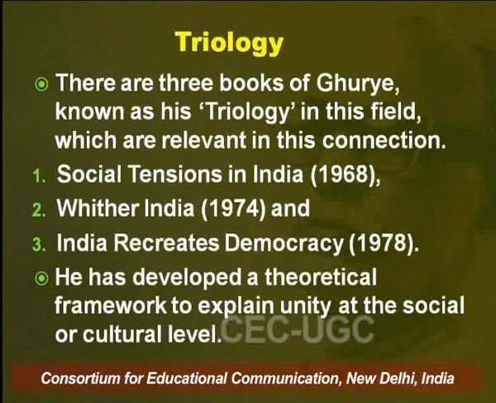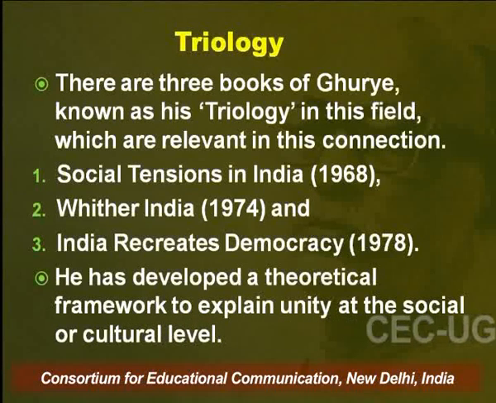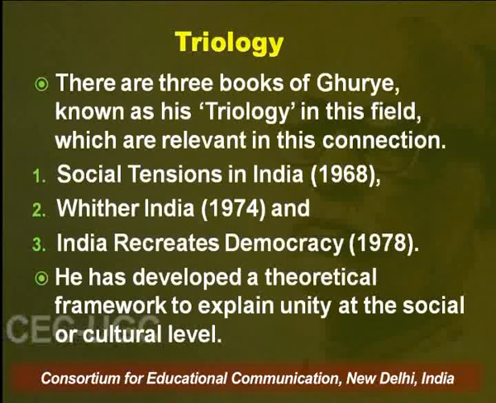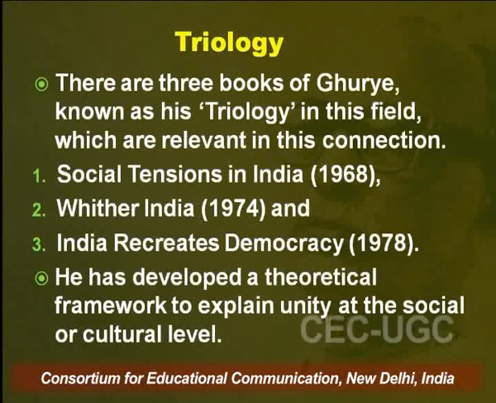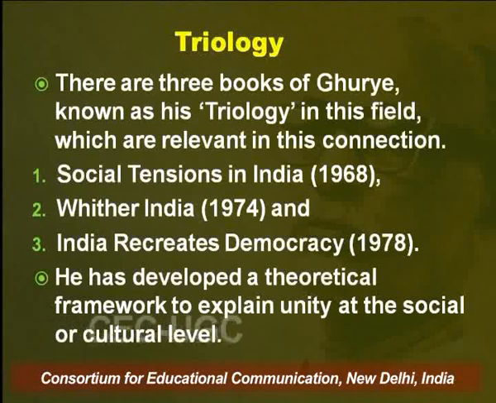And the third text is India Recreates Democracy. When we look into the three titles, it is evident that Ghurye was trying to grapple with the emergence of a large number of social and political issues which were questioning the nature of democracy in India, and therefore he develops a theoretical framework to explain unity at the social and cultural level.